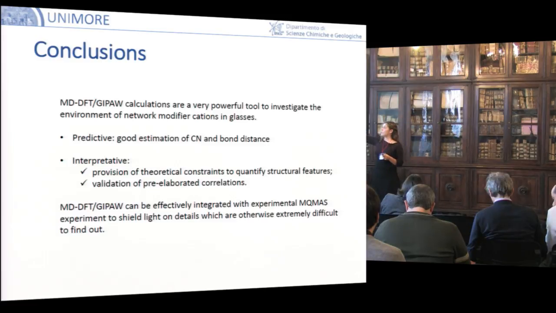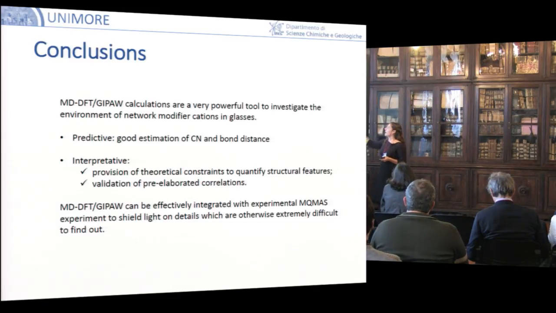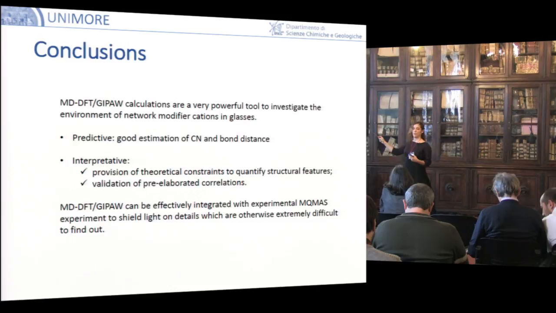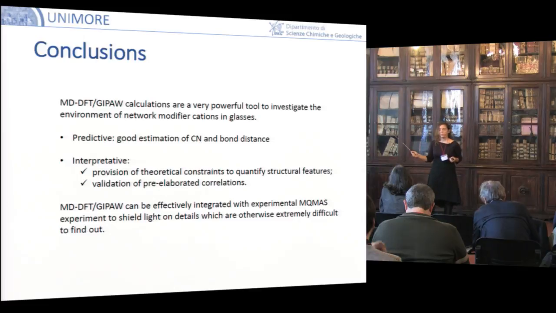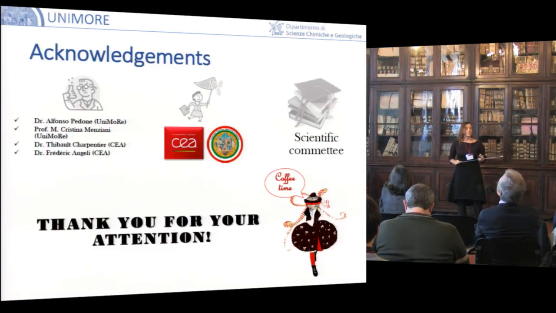It's also a good interpretative tool because we can, for example, check whether pre-elaborated correlations are valid on glasses, or we can use the theoretical values as constraints to fit experimental spectra to get some information about structural features. And we could get information that was very difficult to achieve otherwise. Now, the acknowledgements.